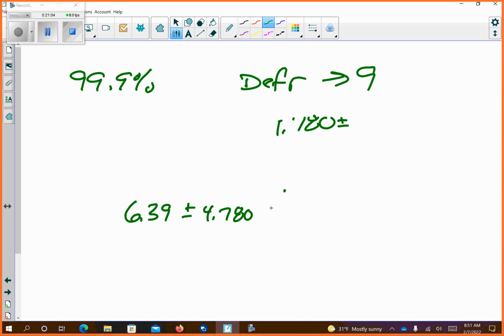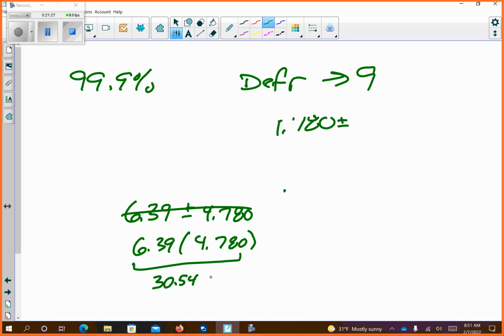I did 6.39 times 4.78. 6.39 is the standard deviation divided by root n, yes. So after that I got 30.5. 30.54, yes. And then it would be 20.2 plus or minus that.